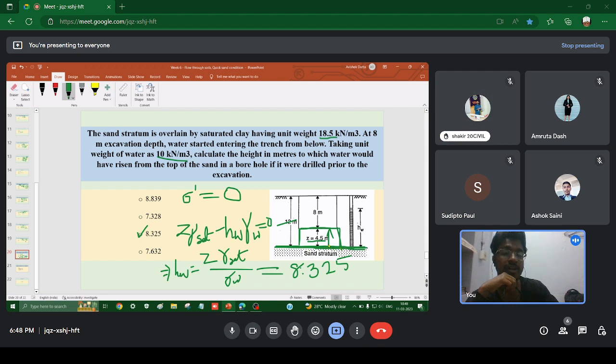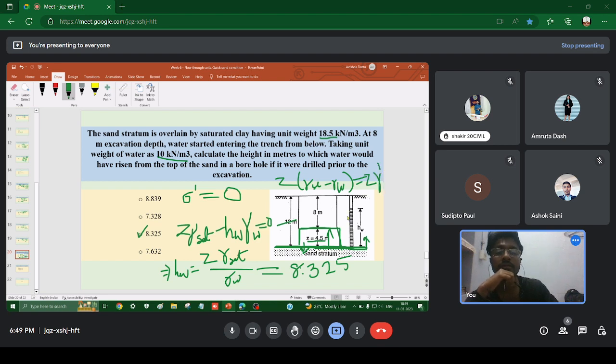This clay is a different material, and it is exerting pressure on this sand stratum. So the total pressure of this clay layer on the sand stratum minus the upward water pressure because of the seepage will give us the effective pressure. Because what is the formula for effective pressure? Z into gamma sat minus gamma W, right? That means we get the gamma submerged, isn't it?